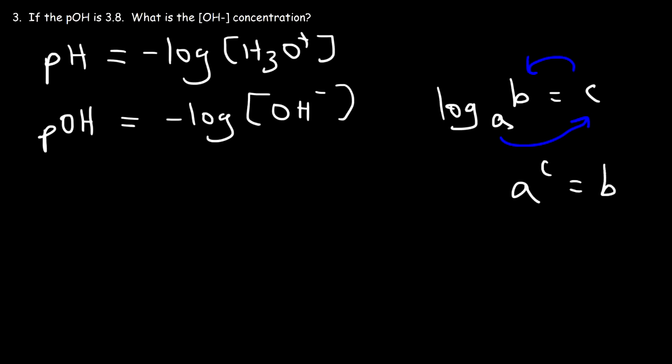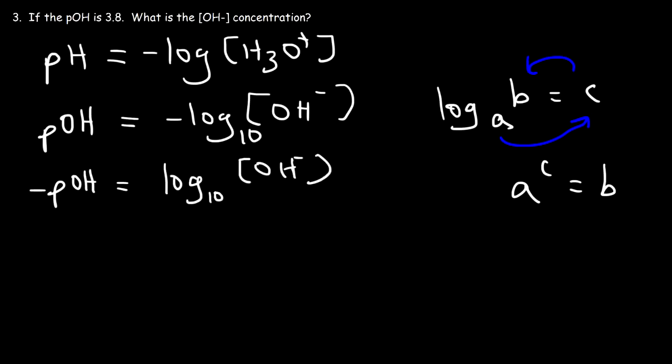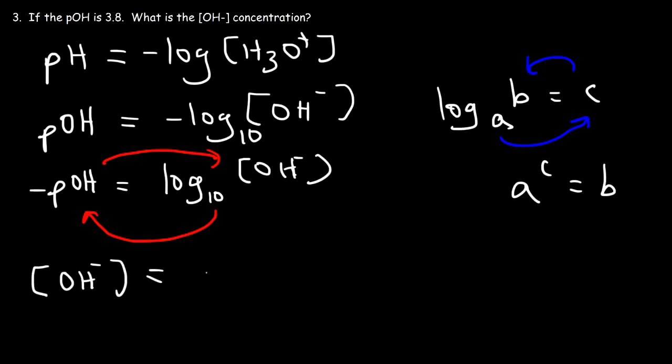Now the base of this log is 10. So first we need to move the negative sign to the other side. So negative pOH is equal to log base 10 of the hydroxide concentration. So therefore we can say that 10 raised to the negative pOH is equal to the hydroxide concentration. And so this is the formula that you want to add to your list, because that's what you're going to use to get the hydroxide concentration.